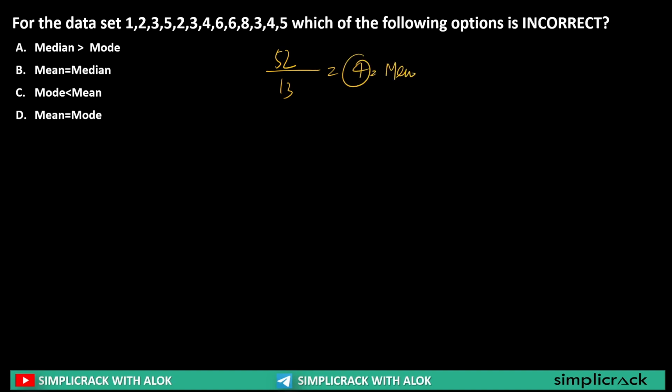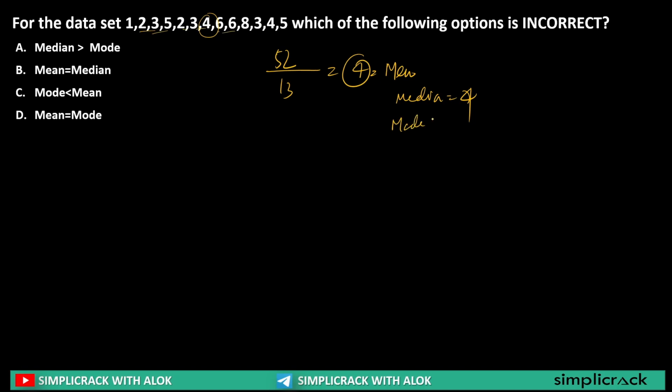Okay, now what is the median? If I arrange it properly, I will get 1, 2, 3, 4, 4, 7, 7. The fourth will be the median over here. And the mode, what is repeated most of the time, is 3.